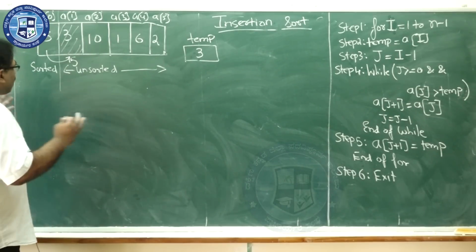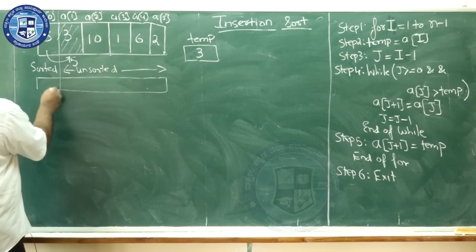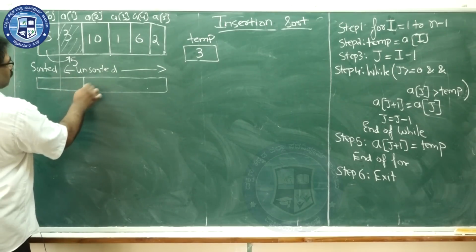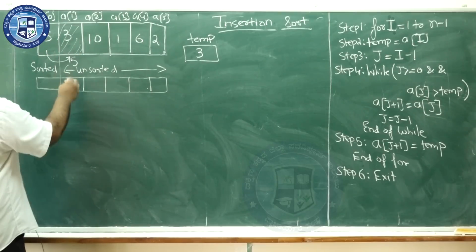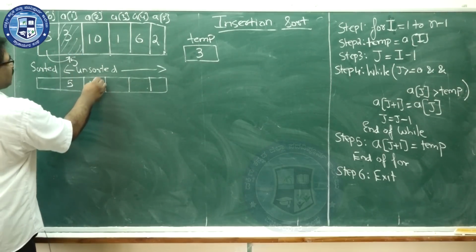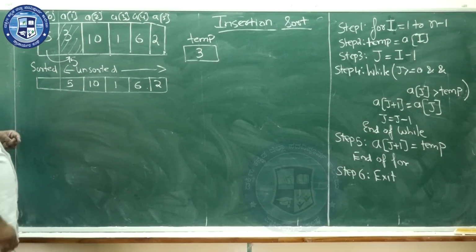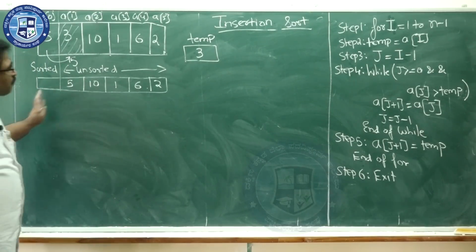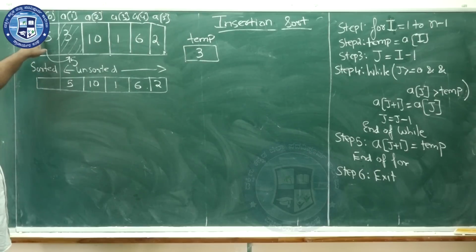Right? Now how will your array look, look at this. Your array will look this way, that is, you have shifted this 5 here. So this will be 5, 10, 1, 6, 2. Now can you compare 3 with any more values? No. That was the last value, that is a of 0. So I cannot go below a of 0. That is what it talks about.